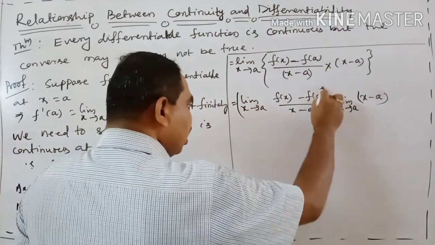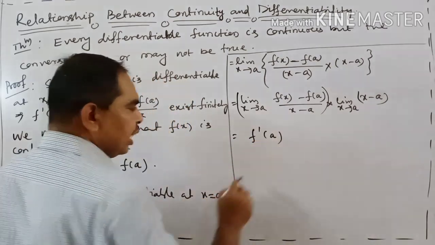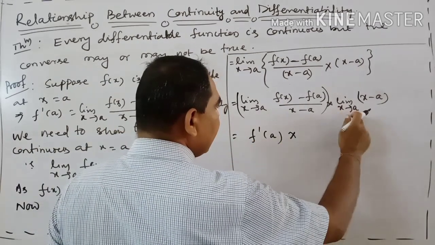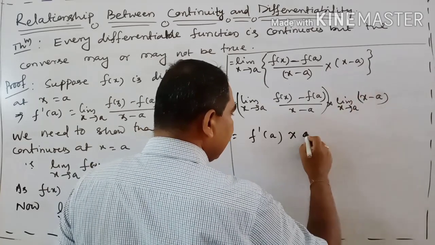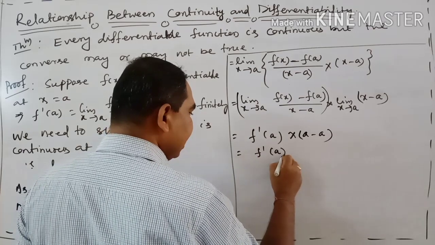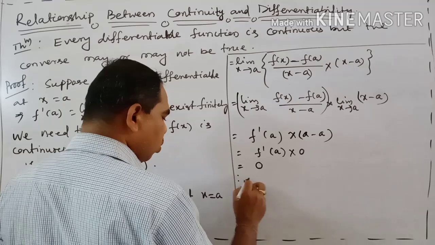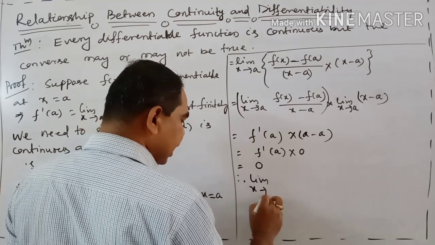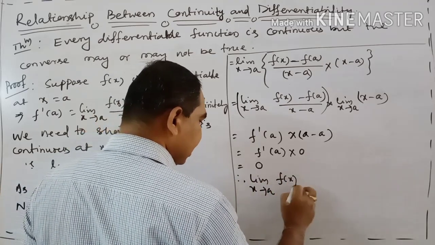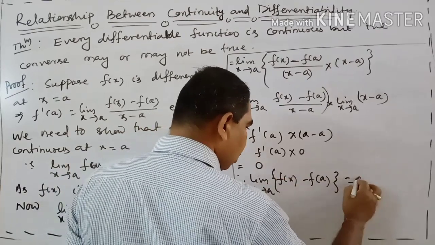But this is called f dash a, into put x is equal to a, a minus a, so it is f dash a into 0 is equal to 0. Therefore limit x tends to a, f x minus f a is equal to 0.